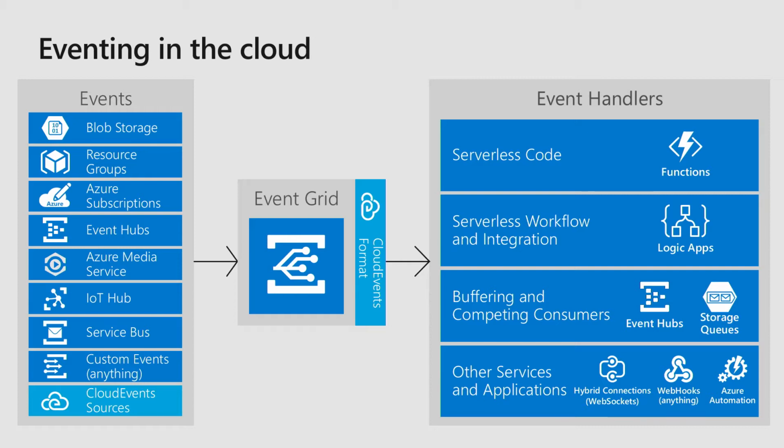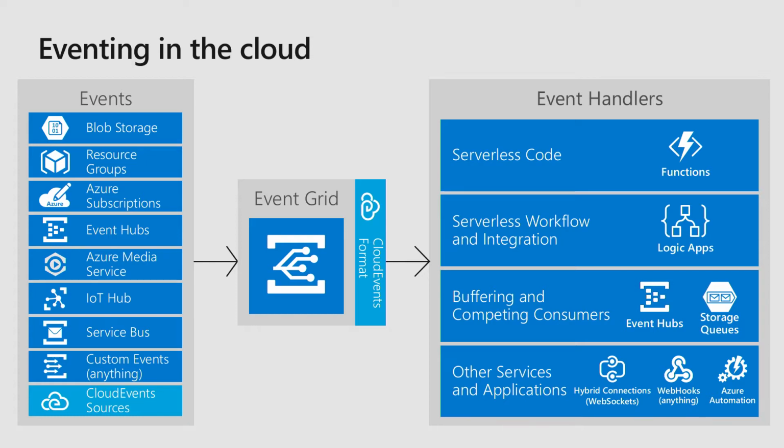On the consuming side, we have a bunch of built-in event handlers. This is things like Azure Functions if you want to write your own custom code and scripts, Logic Apps if you want to build custom workflows. We push to webhook endpoints, so you can push to anything like a Slack channel saying a new VM has been created. You can push to a hybrid connection, which basically allows you to push to any WebSocket connection.